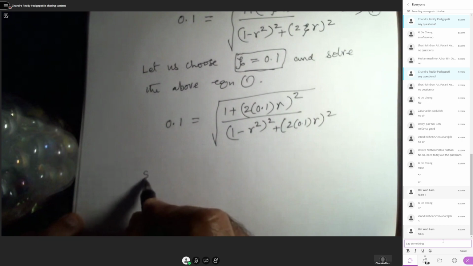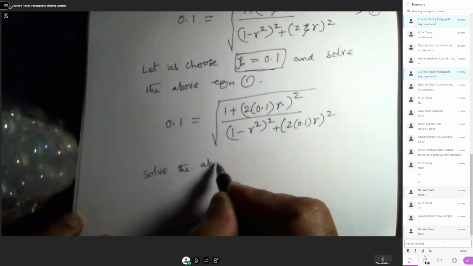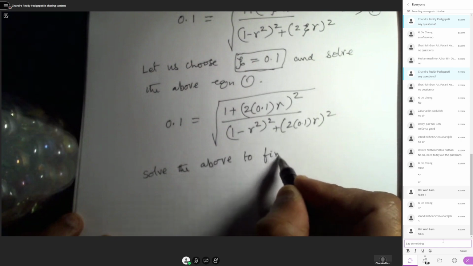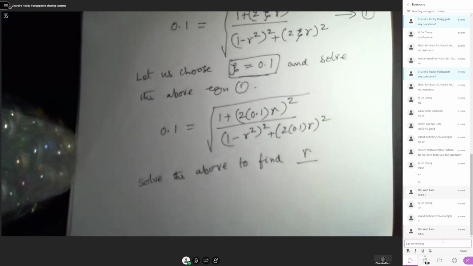Guys, solve the above to find r. I'll wait for your answer, guys.